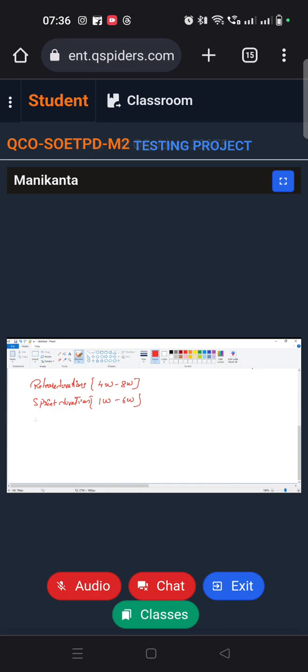Next, test cycle duration. Take 1 day or 2 days or 3 days or 4 days or 5 days, but I recommend you 5 days. Is it okay? Yes. Next, team size. Take anything between 3 test engineers to 7 test engineers.